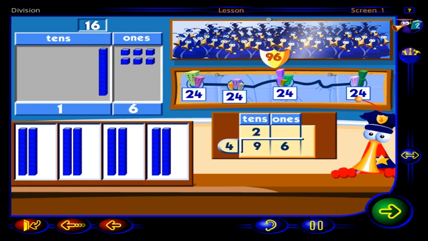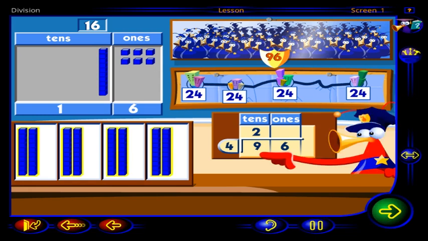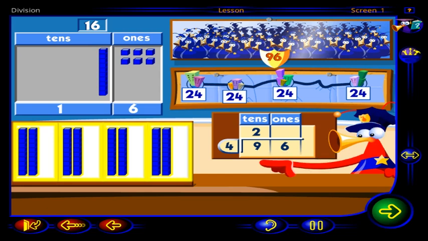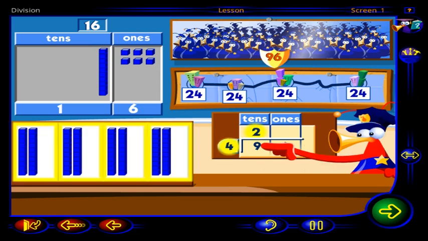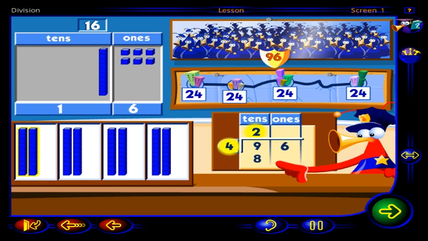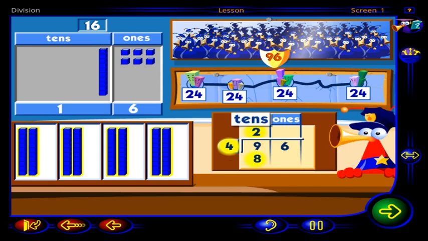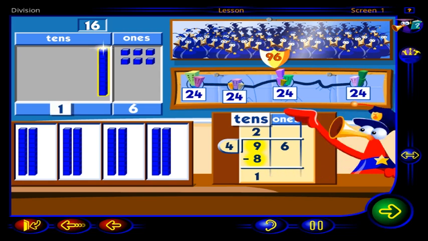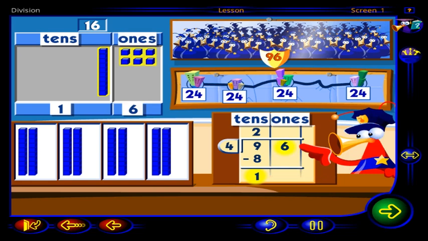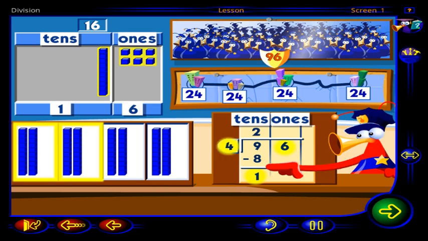Okay, we can show how we divided these tens into 4 groups of 2 tens by multiplying 2 tens here by 4 here, and writing 8 in the tens place here. And then we can subtract 8 tens from 9 tens, leaving 1 10, which is the same as we have here. Now we have 1 10 and 6 ones to be divided into these 4 groups.